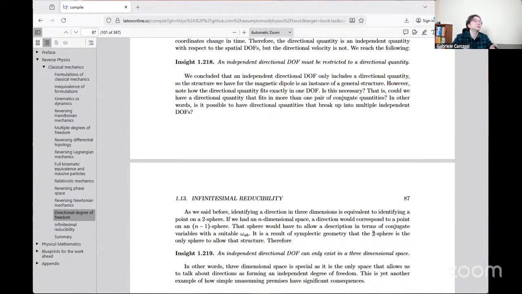And so this concludes that whenever I have an independent directional degree of freedom, I must have something that is a point on a two-dimensional sphere. And so that tells you that the direction in three-dimensional space is basically the only way you would be able to define this. So it's a little bit intense in terms of the argument. So if there are questions, I can try to explain it better.